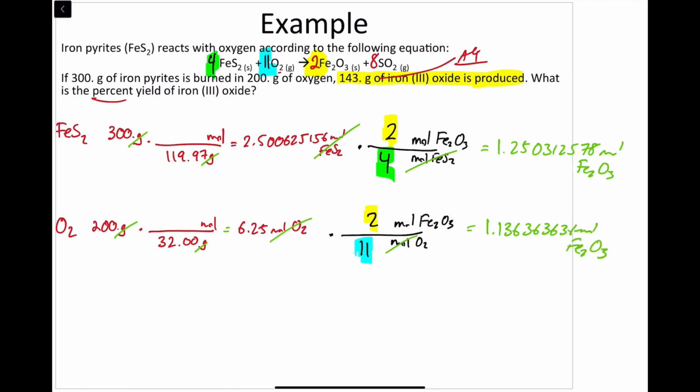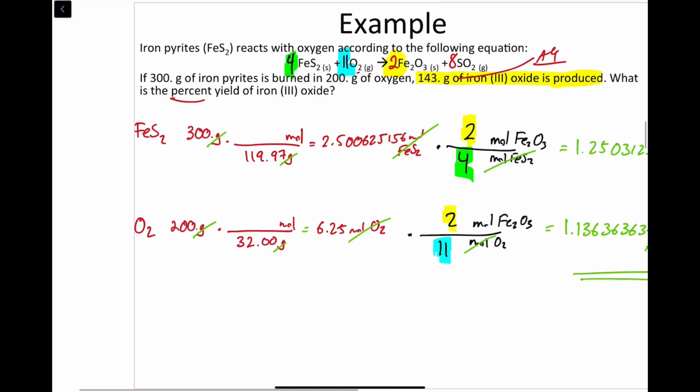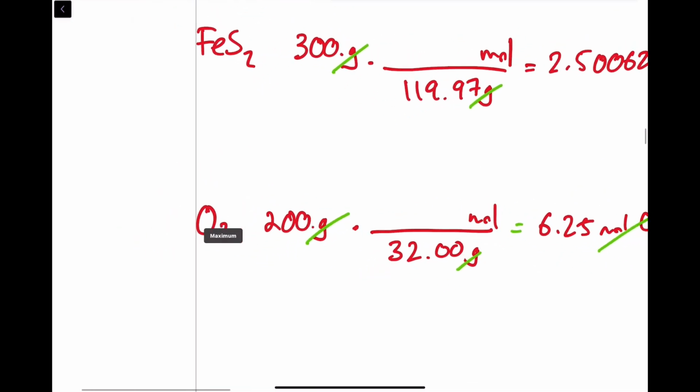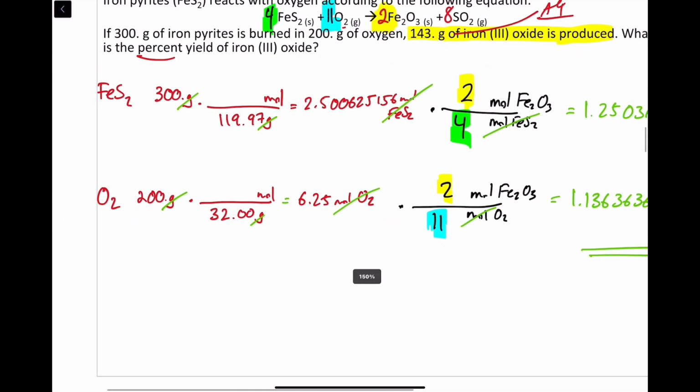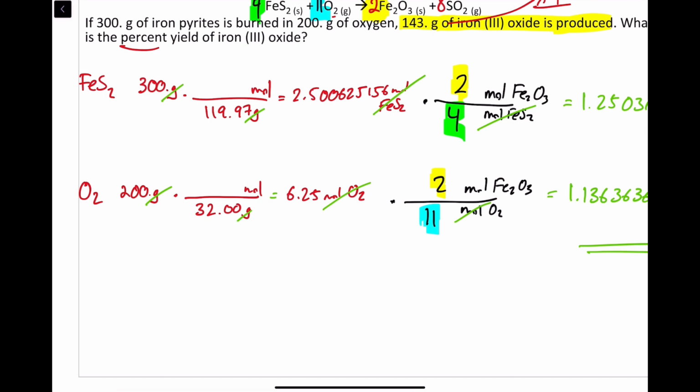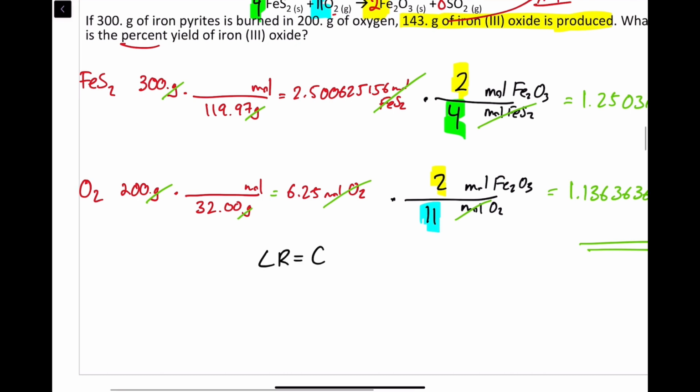Again, both are in Fe2O3 because we want to choose the same product to compare which one produces the least of it. And what we can see is that we've produced less product in this situation. So the reactant that caused that lower amount of product is this O2. And so our O2 is going to be our limiting reagent. So we're just going to highlight that there.